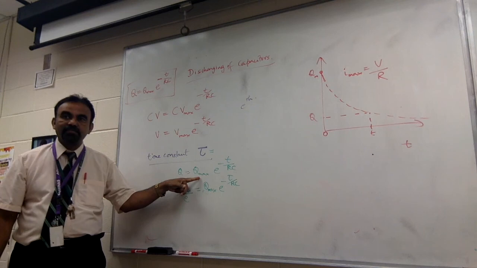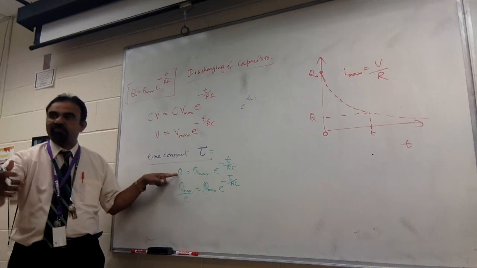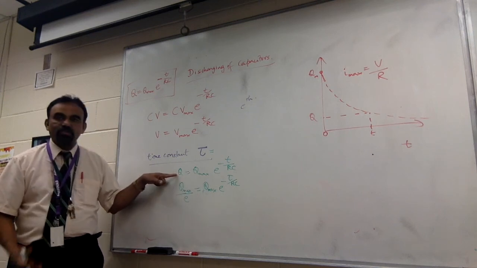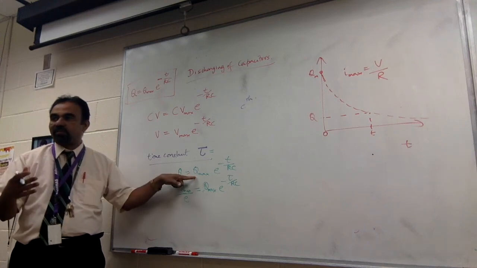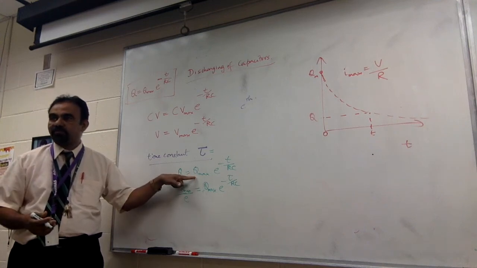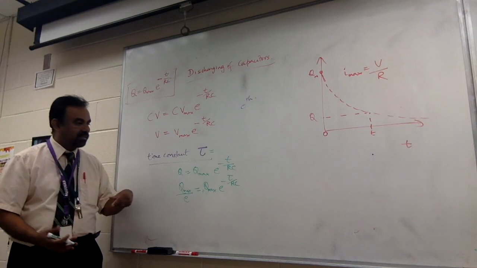That's Q after a period of time. You want this to become 1/eth of the initial. The initial was Q max.